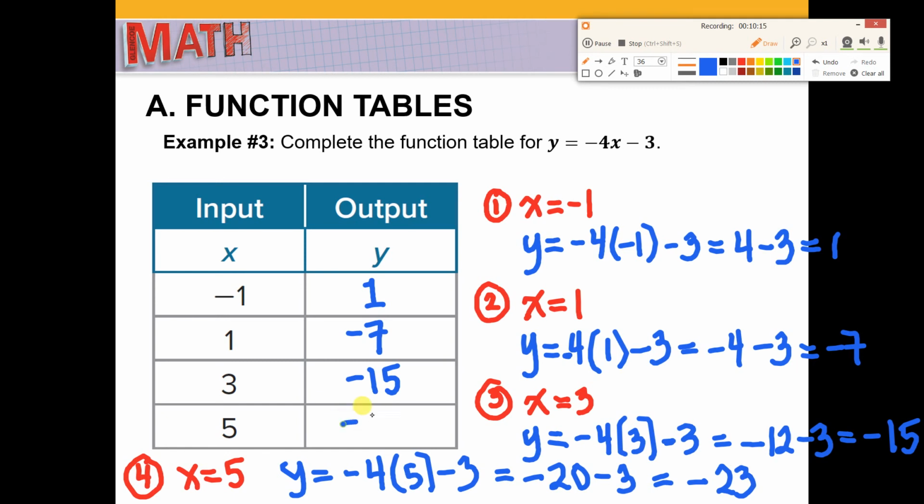So the answer here is negative 23. Now we finish, and we've completed the function table for y equal negative 4x minus 3.